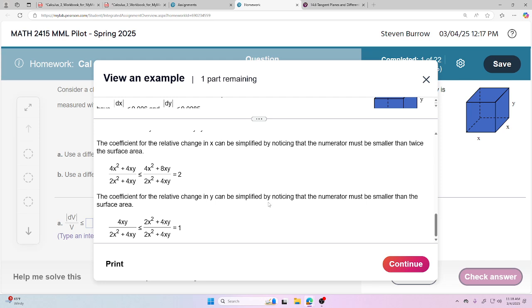They're saying, well, obviously this is less than that, and here this cancels. Look at this. This is obviously less than that, and we get a 2. And here, by noticing right there. Oh man, that is so frustrating.